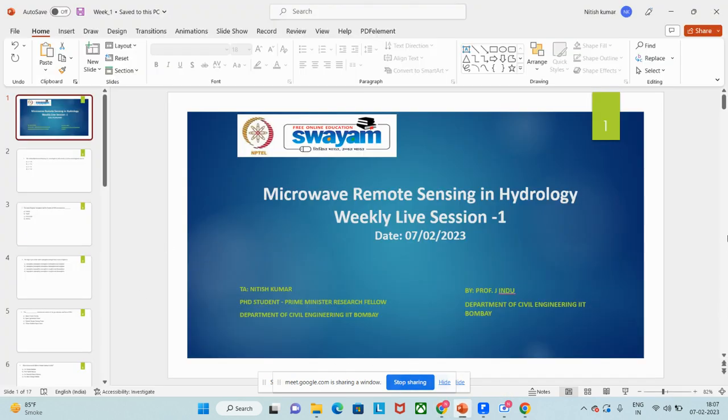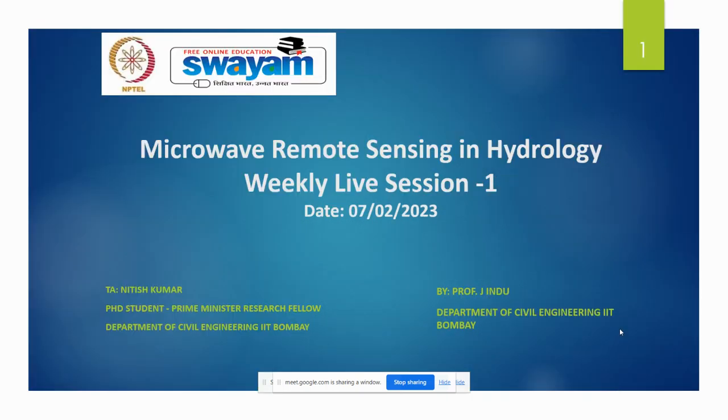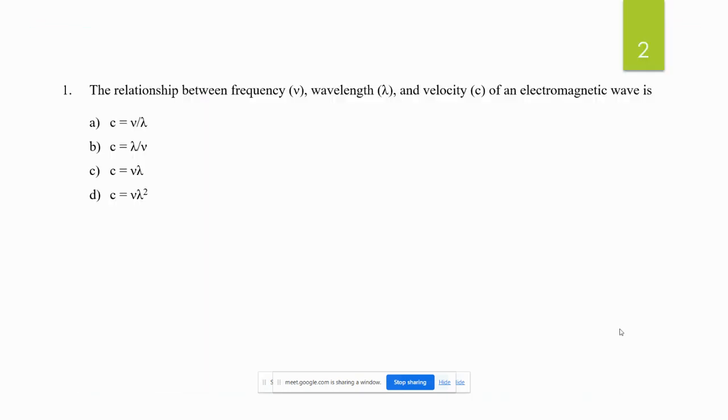So I'm starting with week zero questions. This was the first question, where we have to tell the relationship between C, lambda, and mu. Week zero questions are very basic, so I have nothing much to explain.